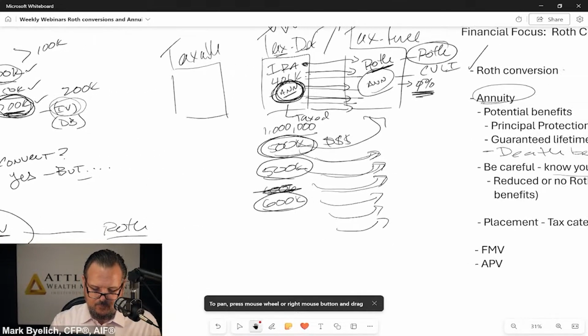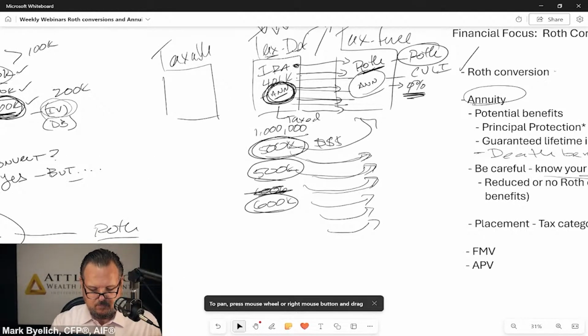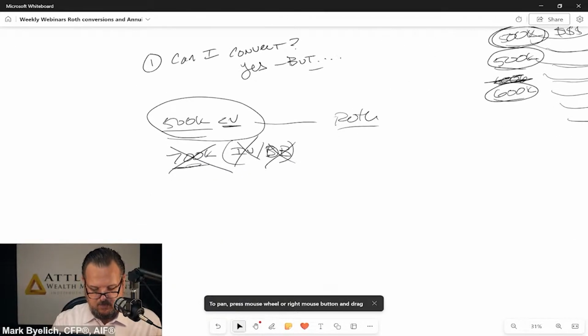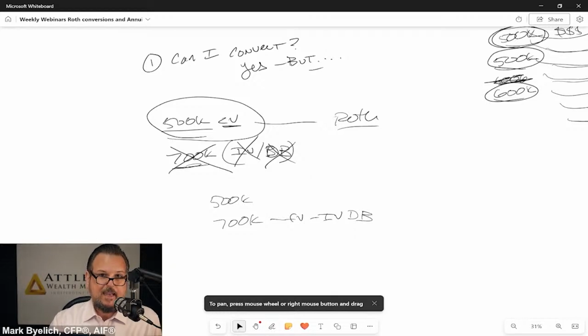So now, if you choose to convert a portion of your annuity, if it makes sense, if it's allowable and it continues the guarantees, because there are just now 4 companies that I know that will in fact allow you to say, okay, we've got a $500,000 value, we've got $700,000 in future value, whether it's income value or death benefit, now we want to convert a portion of it.